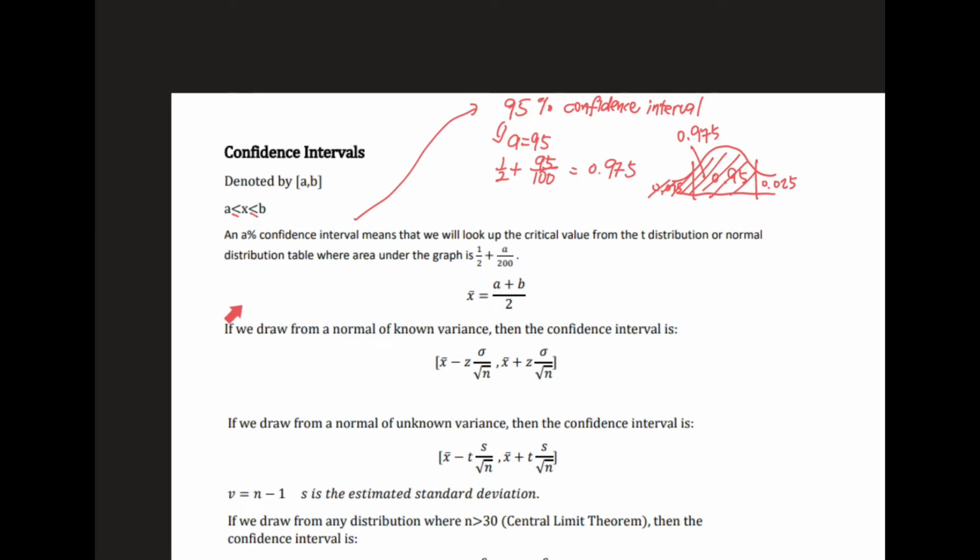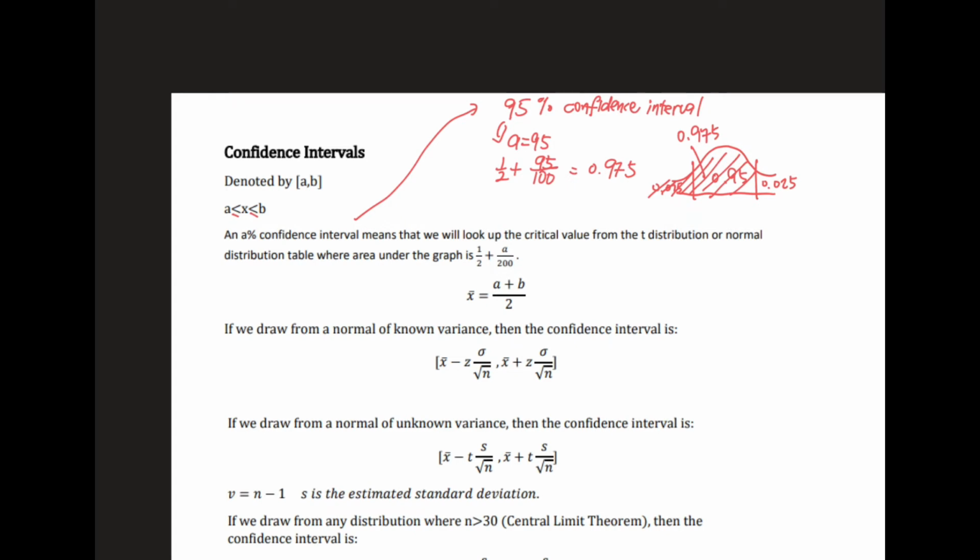So if we draw from a normal of known variance, then the confidence interval is this formula. So this is to find the lower boundary, this is to find the upper boundary of the confidence interval. Okay, then if you draw from a normal of unknown variance, then you have to count the unbiased estimator for the variance, and you get the S, then you put in the formula. The formula looks the same basically.